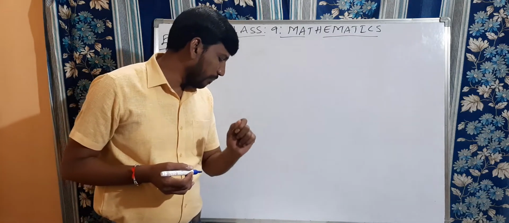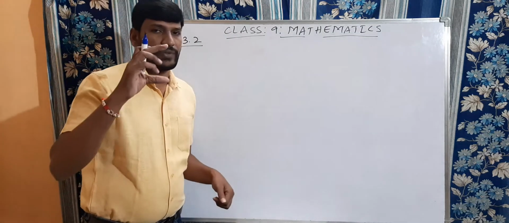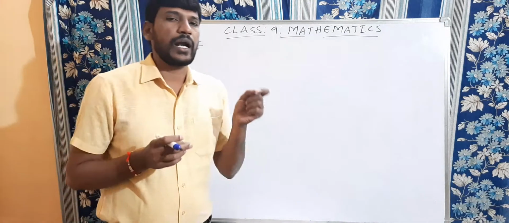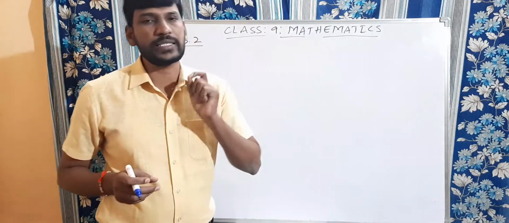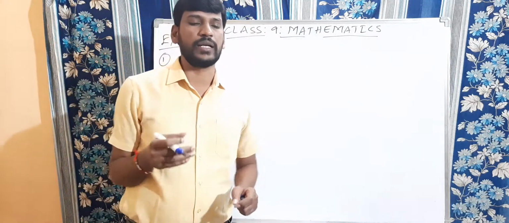Find the diameter of the base of the cylinder. Here the height and the curved surface area of the cylinder are given. They are asking the diameter of the base of the cylinder.